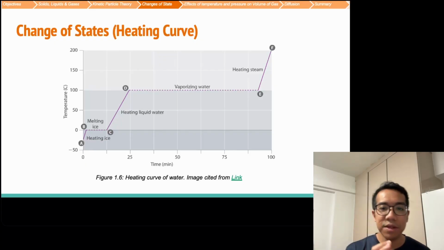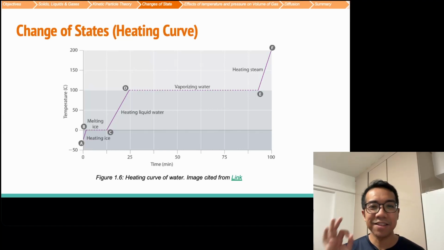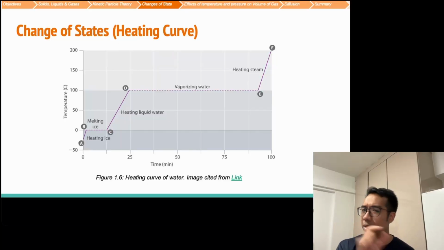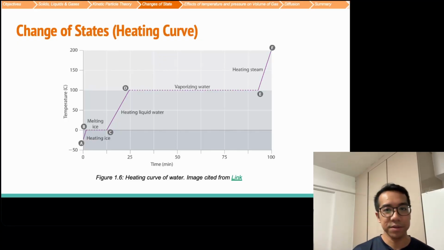As you can see from B to C, ice is actually melting from solid to liquid. So the moment the last bit of the ice has melted, boom, now the temperature will slowly rise from C to D. As long as there is some bit of ice left, the temperature will actually remain constant.